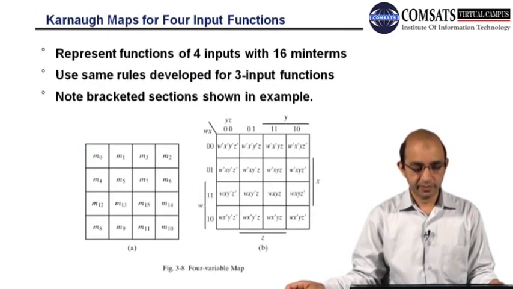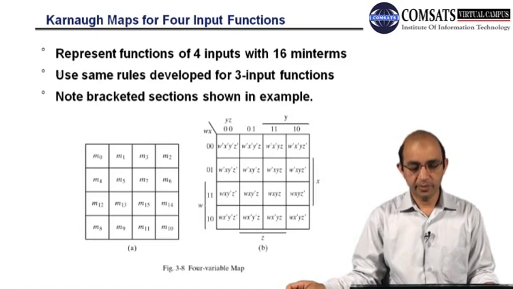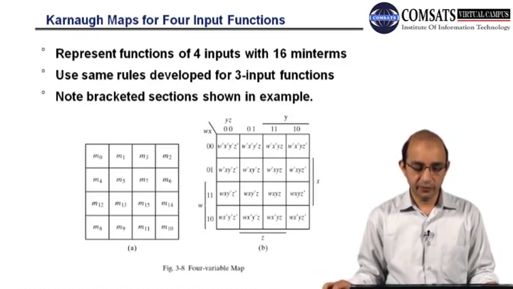So let's start. Whenever we have 4 variables and we have to map a Boolean function that has 4 variables by using K-map, you can see that we have a table here, or 16 different boxes at different positions that are interconnected.